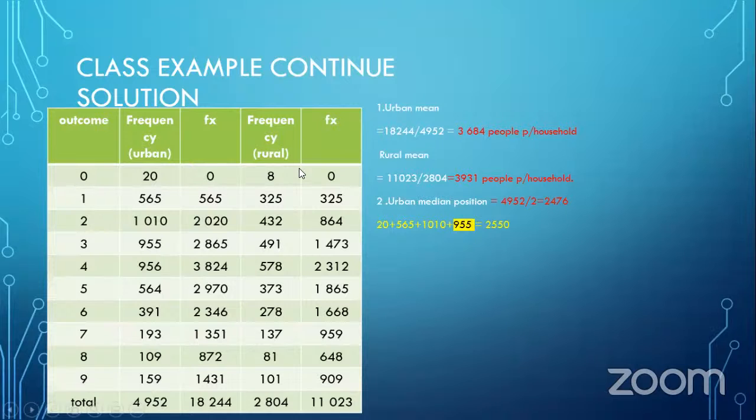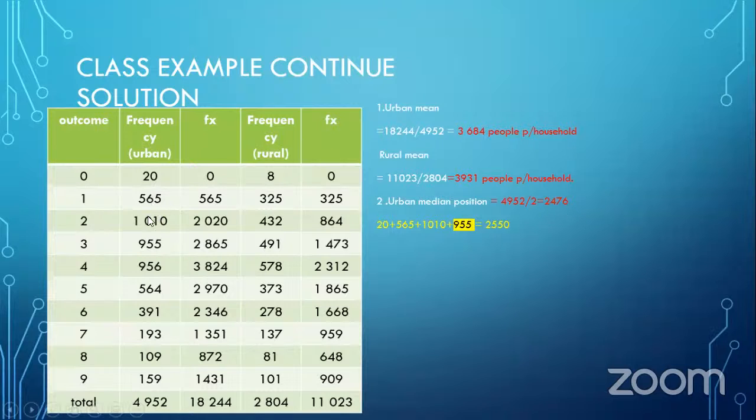Because here, it's a set of data. You understand? Let me explain this so that you can understand, because I feel like I'm explaining in a way that you don't understand. This is not my answer because this number 2,476, we can't locate it here.